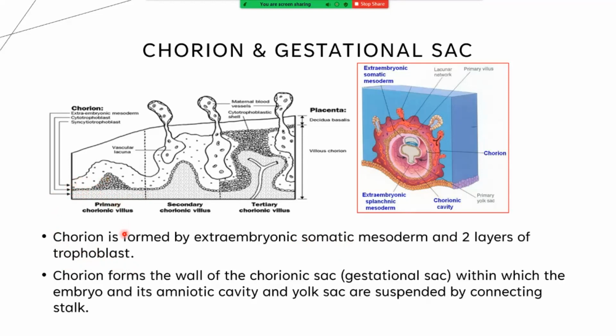The chorion forms the wall of the chorionic sac. This is the chorionic sac. It is also known as the gestational sac, within which the embryo, the secondary yolk sac, and the amniotic cavity and membrane are suspended by a structure called the connecting stalk.